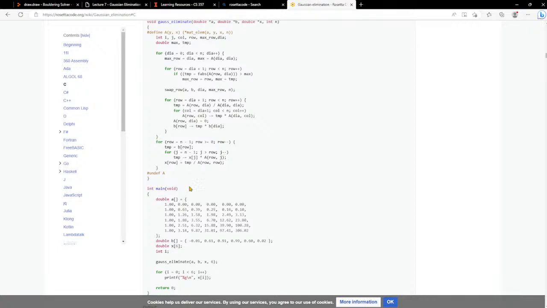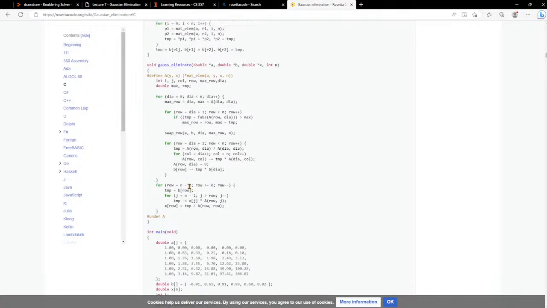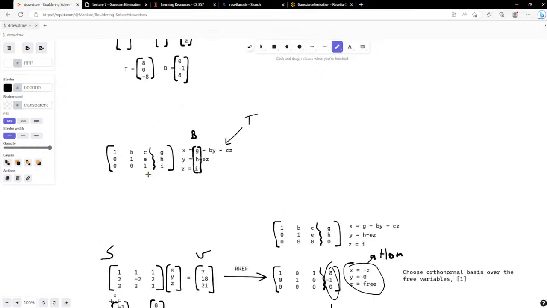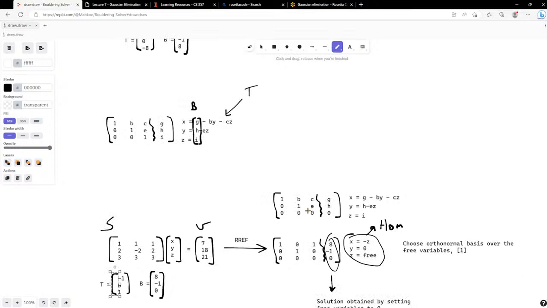Yeah, so I need to put it in RREF. Okay, if I just had an upper triangular matrix like this, is it still simple to create the null space basis vectors?